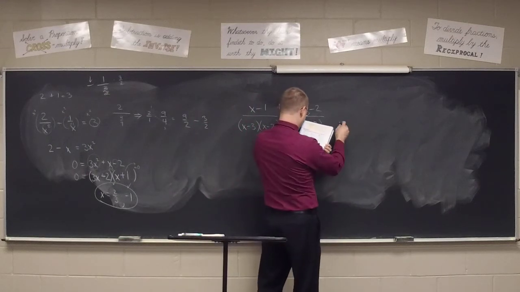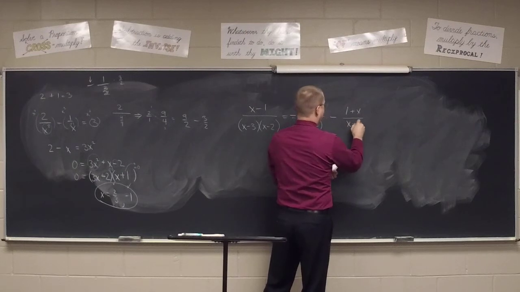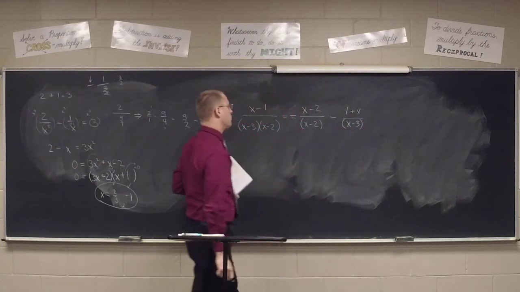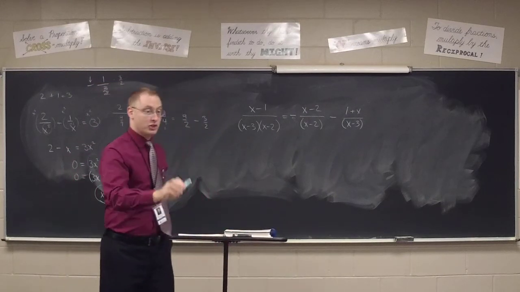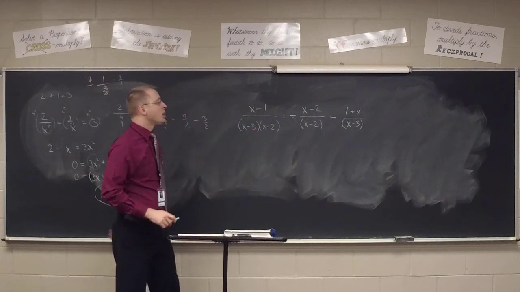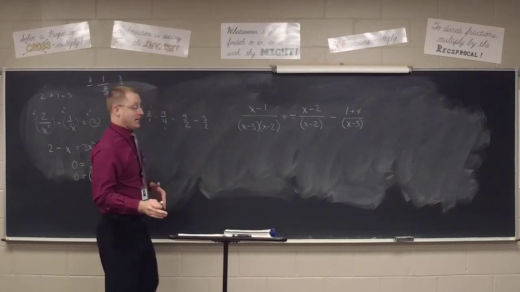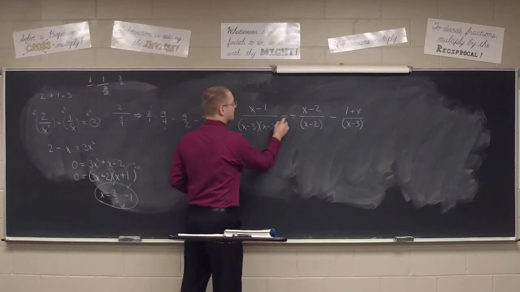And then it says minus 1 plus x over x -3. And again, grouping those denominators as I go. Maddie, did you also get the negative out and slide it out front? Excellent.